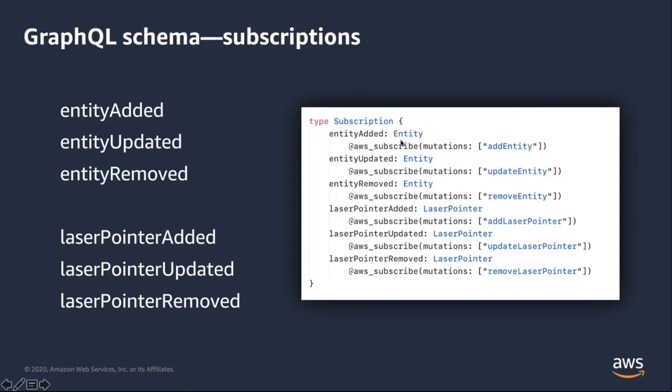The trigger for that is anytime the add entity mutation is called. So if my instructor version of the application grabs one of those info pins and releases it into the world, it calls the add entity mutation, and then all of the connected clients receive this entity added subscription message. Very easy. Again, it's all declarative.